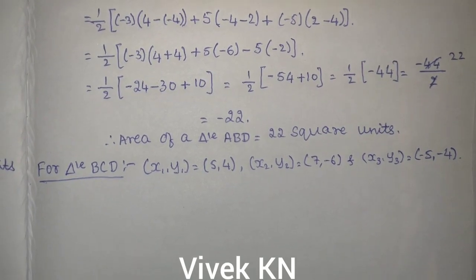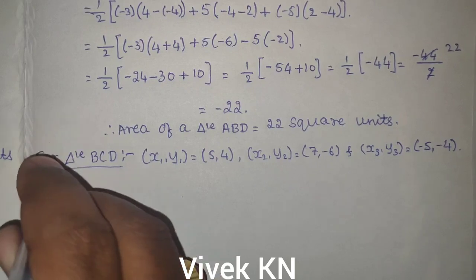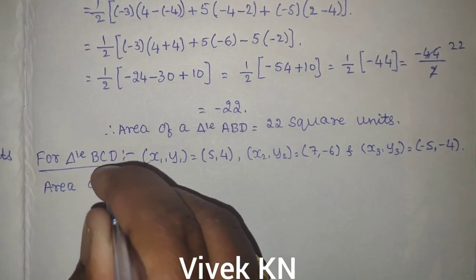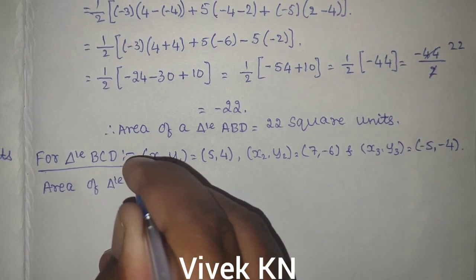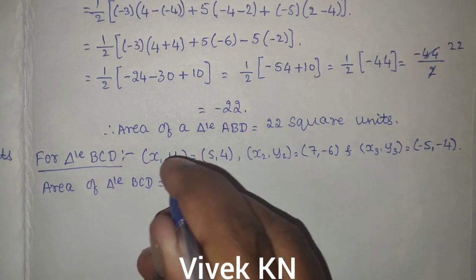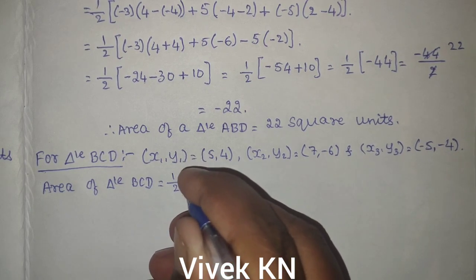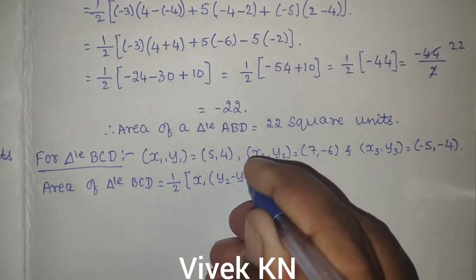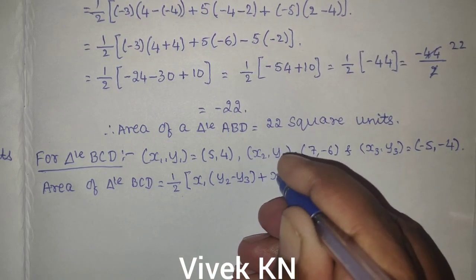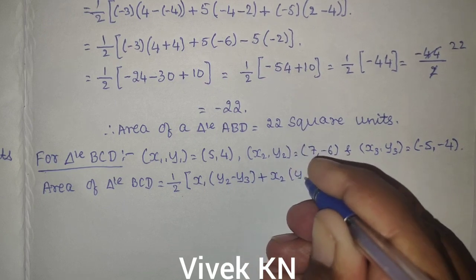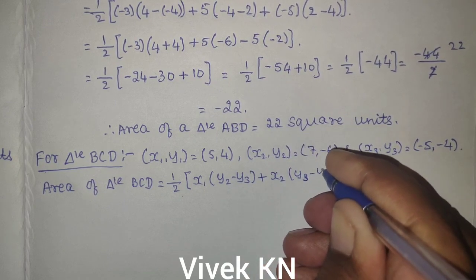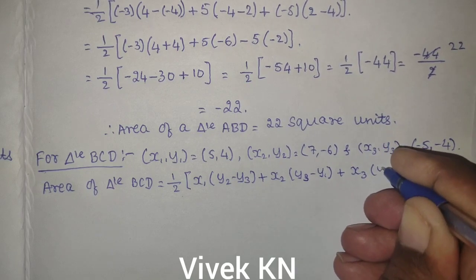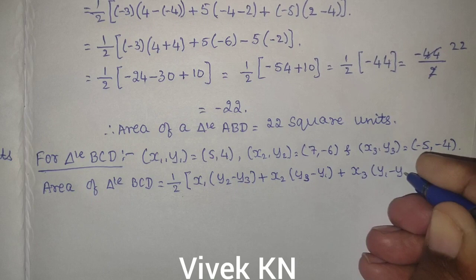Now let us write the area of triangle formula. So area of triangle BCD is given by 1 by 2 into x1 into y2 minus y3 plus x2 into y3 minus y1 plus x3 into y1 minus y2.